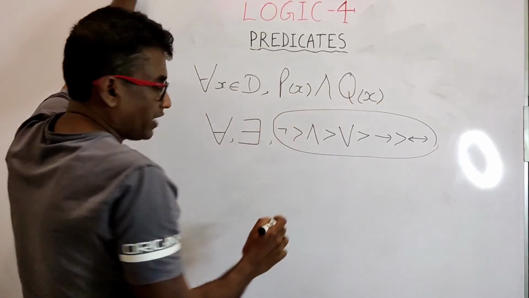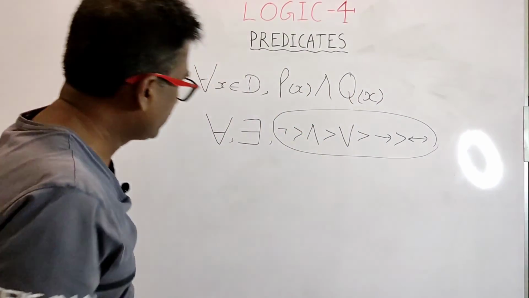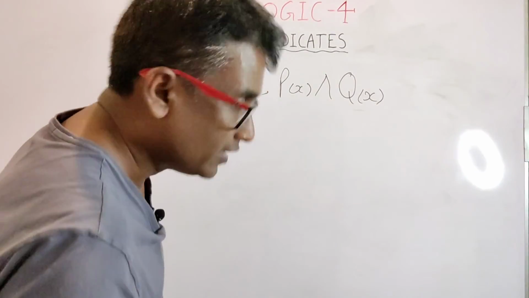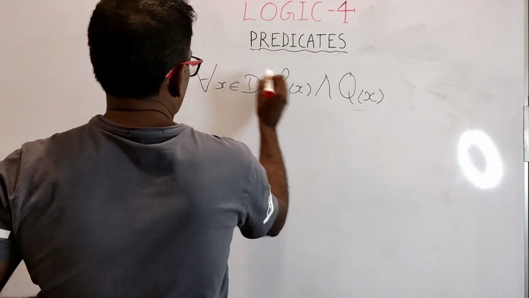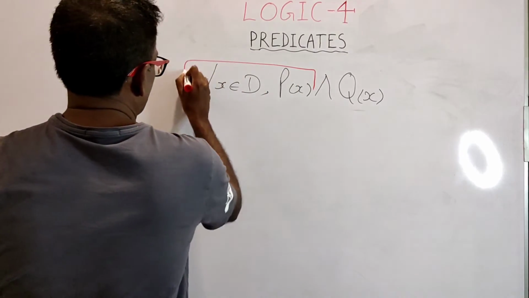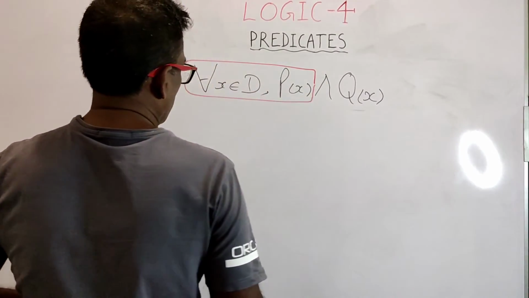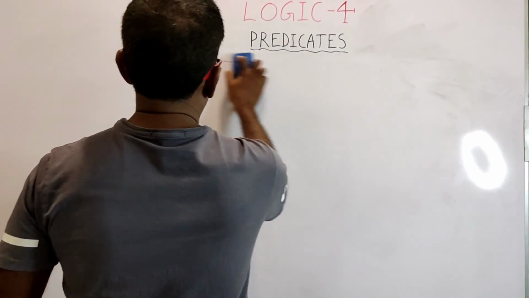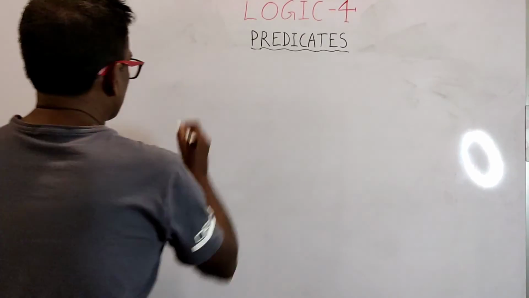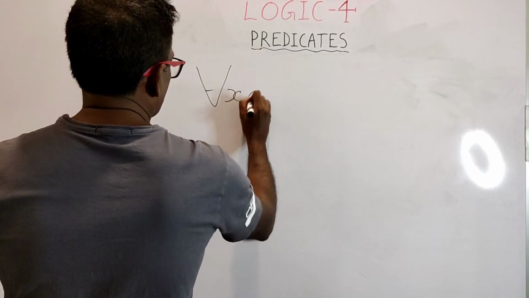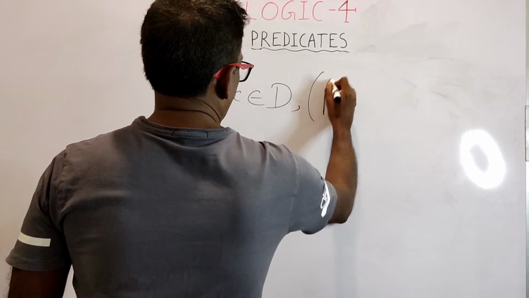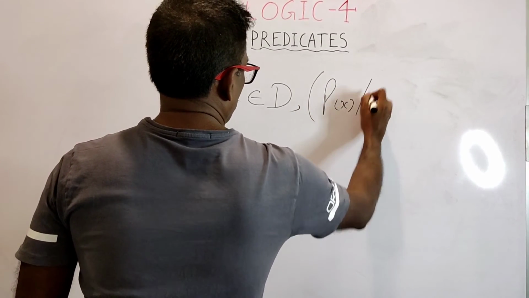So when you are writing like this, it means we have to first consider this component. If we want to show that all x in D have both the properties, then we have to write it like this: all x in D, have these two properties.